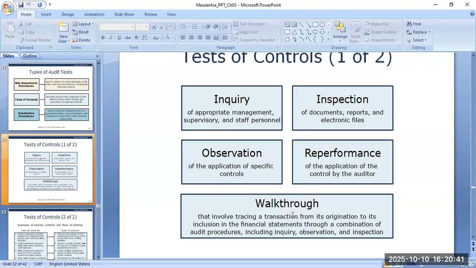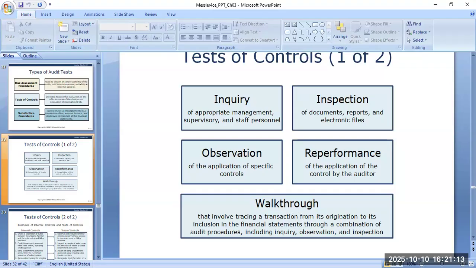So walkthrough, that's a term in the audit, means to trace something from, for example, the phone call which somebody made that creates, let's say, a sales order, and from the sales order all the way to the financial reports, which is included in the revenue on the income statement.